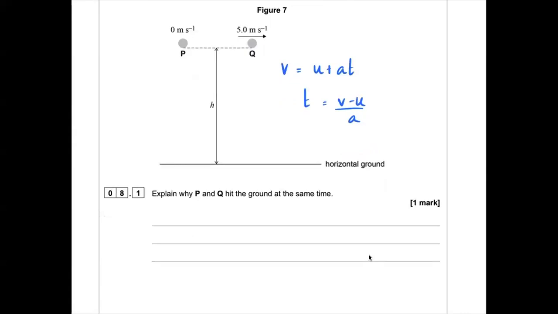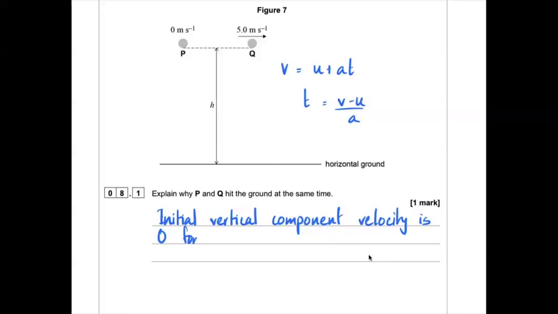So I'll say that initial vertical component of velocity is 0 for both, and vertical acceleration, which is basically acceleration due to gravity, is the same for both.